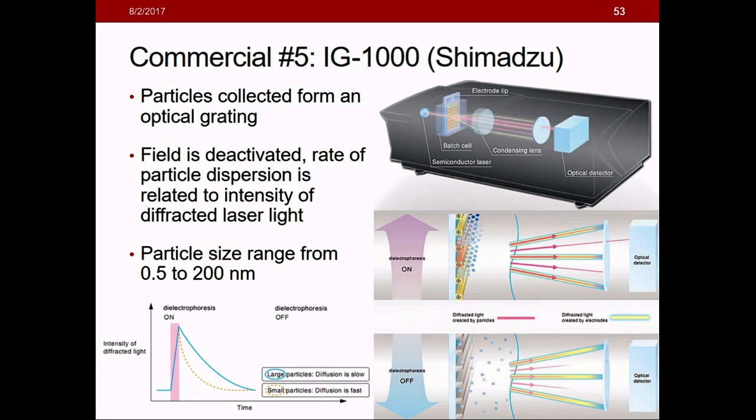So dielectrophoresis is used to trap and concentrate the particles, but then it's deactivated and the intensity of diffracted light is monitored to ultimately get your measurement. So dielectrophoresis is used as a tool to concentrate, similar to the previous application.